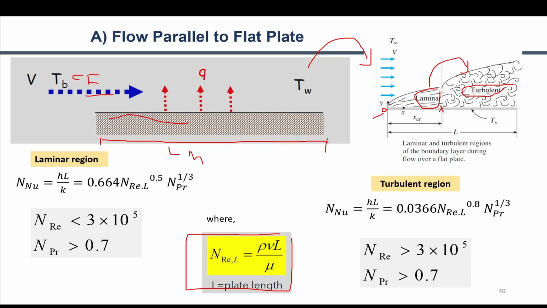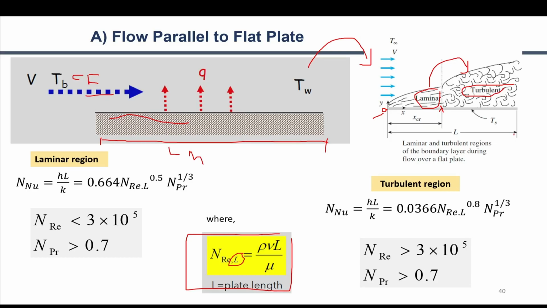The Reynolds number with subscript L means that the Reynolds number is at the far end of the plate. From here we can also observe that the Reynolds number varies along the flow.